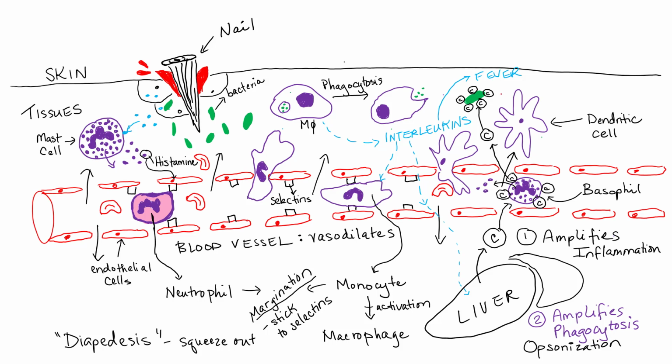And then what that allows is there's a binding site on all phagocytes, where phagocytes have a complement receptor where they can bind to complement. In this picture I'm showing this dendritic cell here, he's ready to be called into action. He's ready to get in there and start eating bacteria.